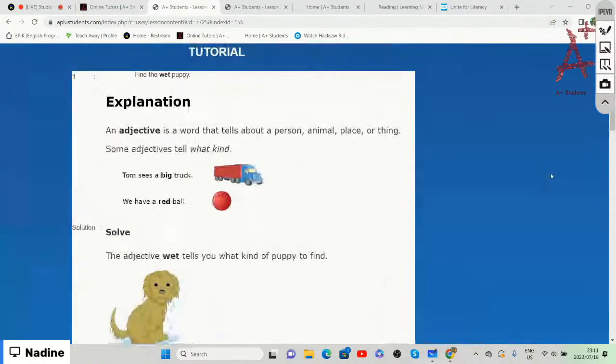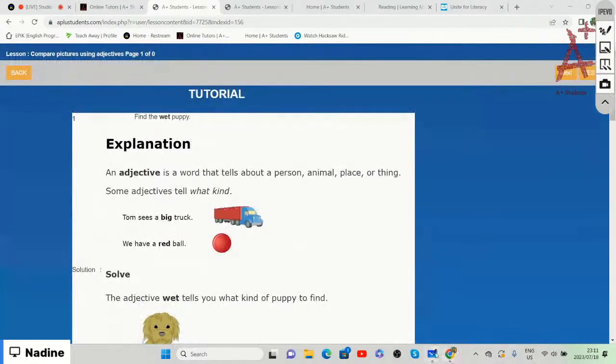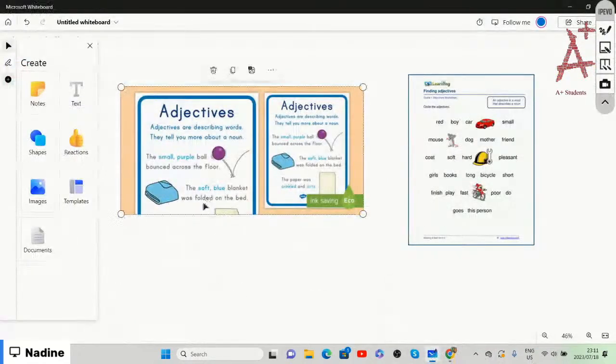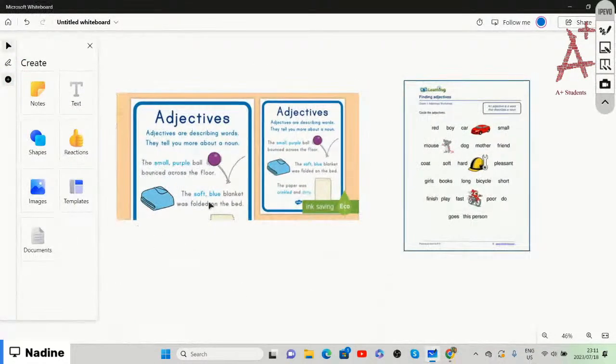All right, before we go on to our test, let us quickly go to this picture. So here they say an adjective. Adjectives are describing words, and we see that they tell us about a person, place, animal, or thing. So they describe the person, the animal, the place, or the thing.